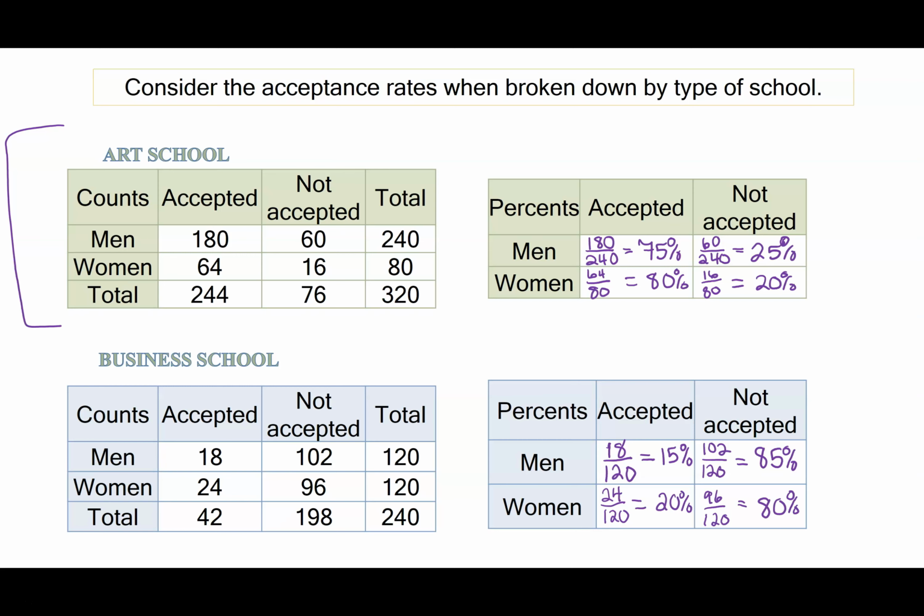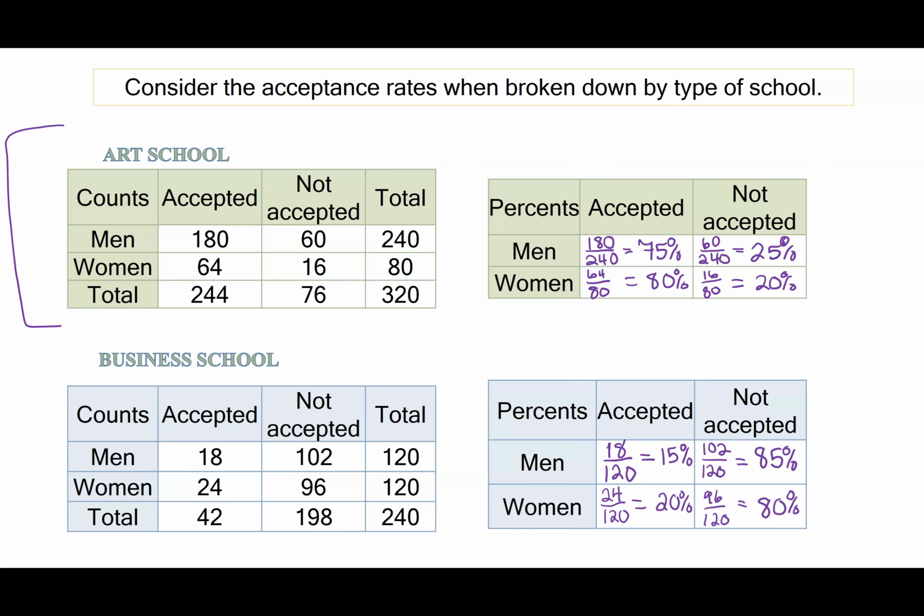So if you look at these two tables, in art school, a higher percentage of women were accepted than men. And when you look at business school, a higher percentage of women were accepted than men, which is weird, right? Because overall we said a higher percentage of men are accepted to the college.